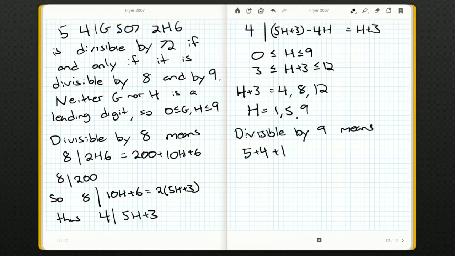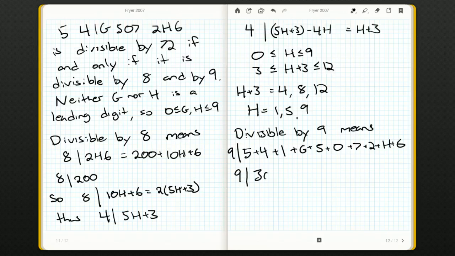So divisibility by 9: 5 plus 4 plus 1 plus G plus 5 plus 0 plus 7 plus 2 plus H plus 6 should be divisible by 9. So 9 divides 5 plus 4 plus 1 plus 5 plus 0 plus 7 plus 2 plus 6.